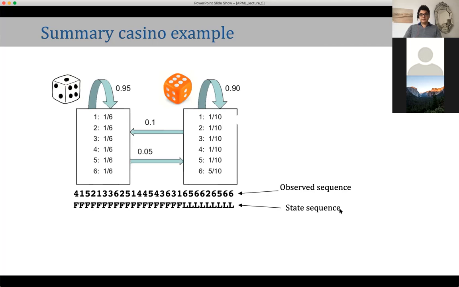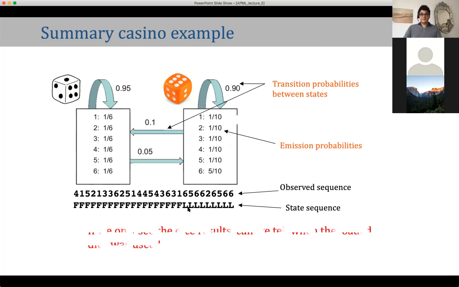I use s here, but sometimes it's x. For the model, we have what we call the emission probability, because we emit observations given the hidden state. And so we need an emission probability for each of the hidden states. And then we have a transition probability between the states.